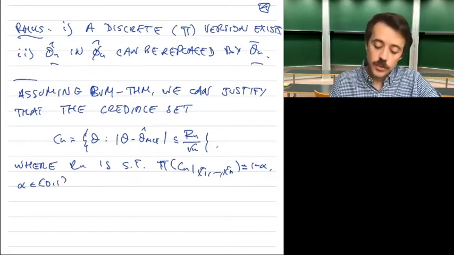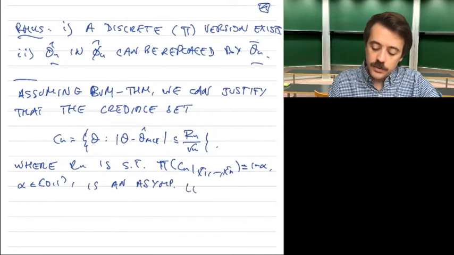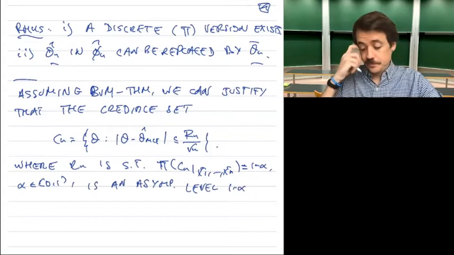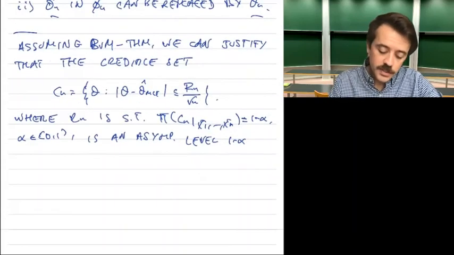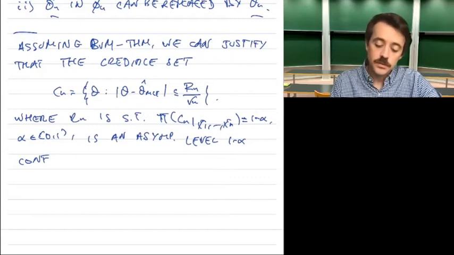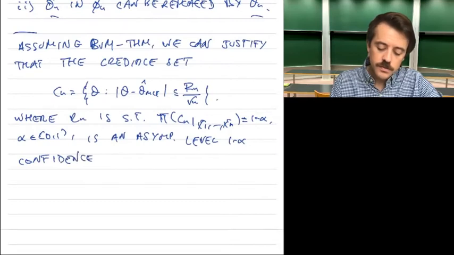And what we want to say is that this Cn is an asymptotic level 1 minus alpha confidence interval. Or in this case, we are back in R^p, so a confidence set.